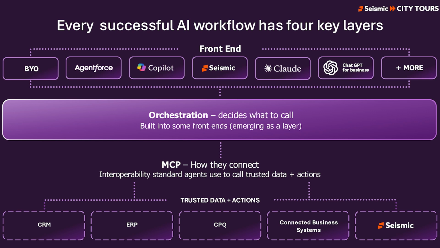So if I'm a seller and maybe I got a new account, maybe I need to take some steps before I meet with my client to understand, A, what do they do? I might go to the public internet to do that. I might look at a 10K filing or something like that. Then I might ask a question that pulls on my CRM, like, what history do I have with this account? Was there a prior rep covering this account?